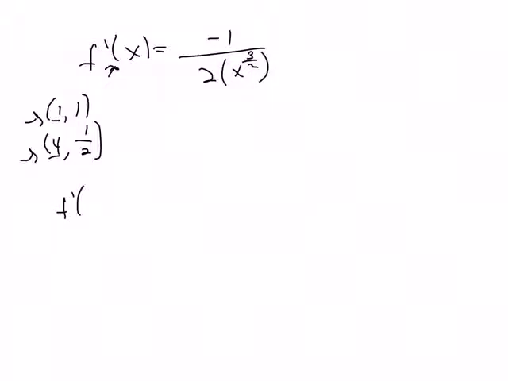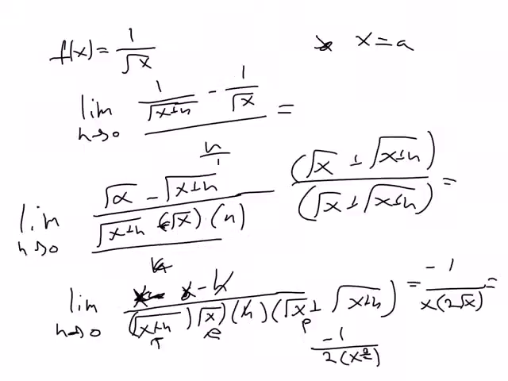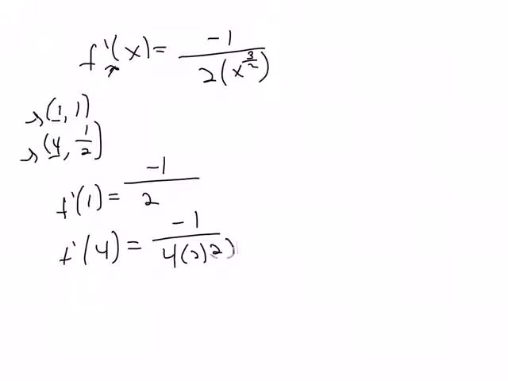So f prime of 1 is equal to negative 1 over 2, just a half, and f prime of 4 is going to be equal to negative 1 over 2 times 4 times the square root of 4, which is 2. So this is going to be negative 1 over 16.